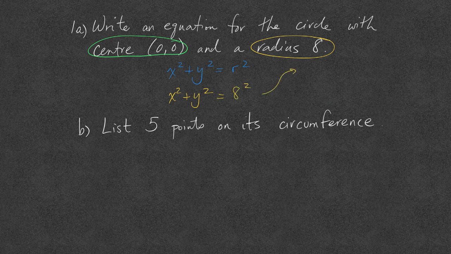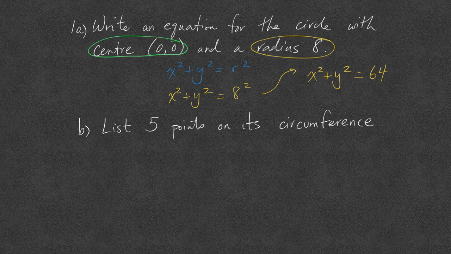Now, there's one part of that equation that we can simplify, so I would expect to see you calculate that 8 squared. There is my equation of my circle with a center 0, 0, radius 8, simplified. There we go. Hopefully not too bad, and hopefully we matched up.